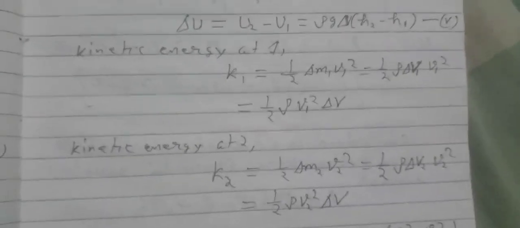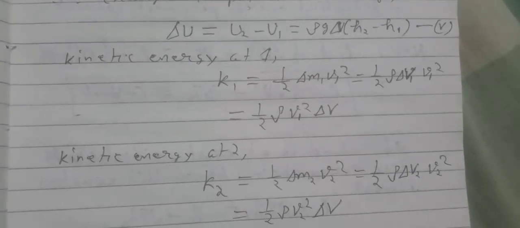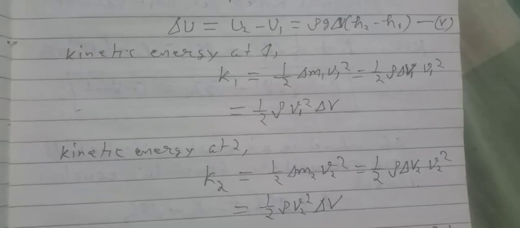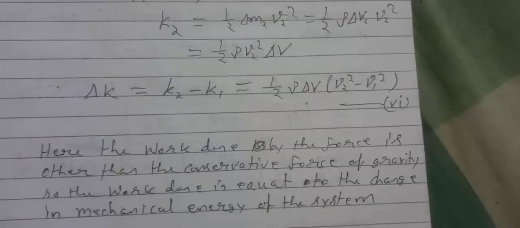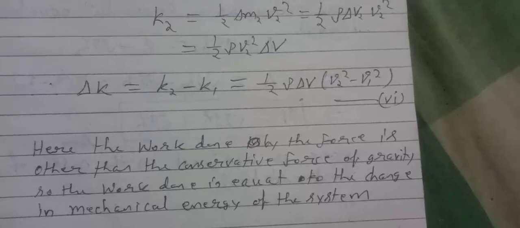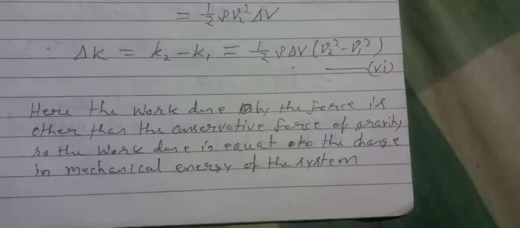Now, calculation of kinetic energy. Kinetic energy at 1, K1, equals 1/2 delta M1 V1 squared, equals 1/2 rho delta V1 V1 squared, equals 1/2 rho V1 squared delta V. Kinetic energy at 2, K2, equals 1/2 delta M2 V2 squared, equals 1/2 rho delta V2 V2 squared, equals 1/2 rho V2 squared delta V. Hence delta K equals K2 minus K1, equals 1/2 rho delta V (V2 squared minus V1 squared). Equation 6.